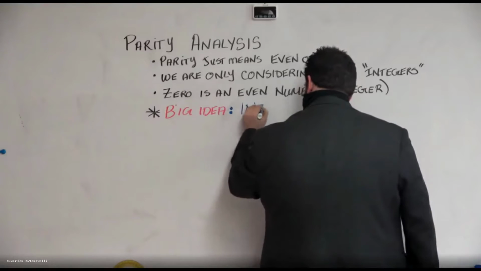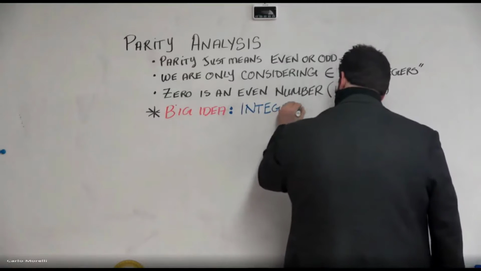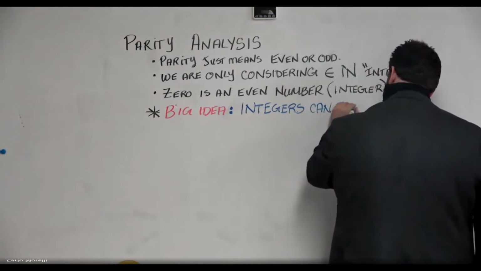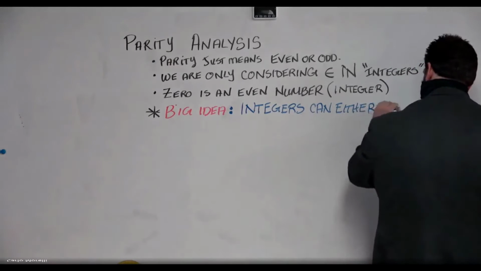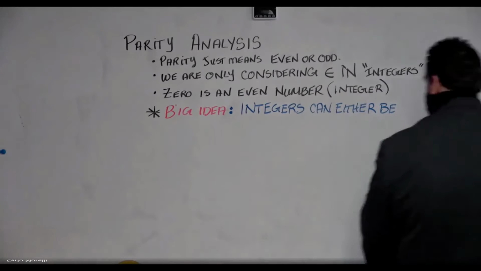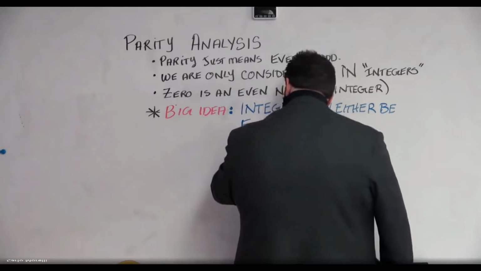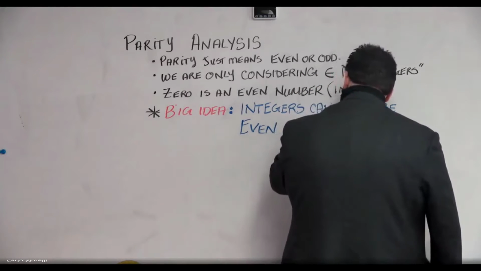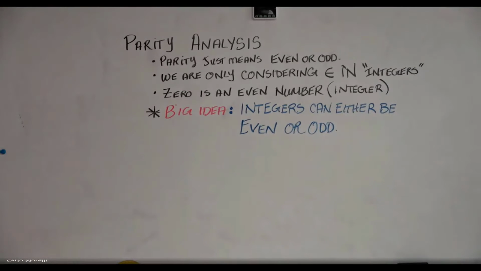Integers can either be even or odd. This is the concept. Integers can be either even or odd.